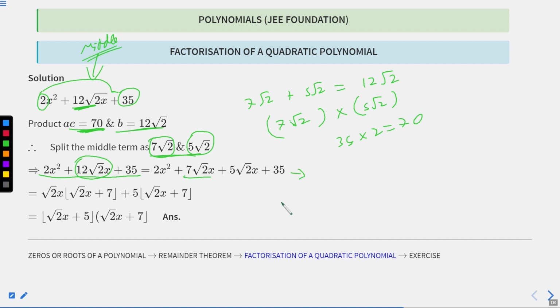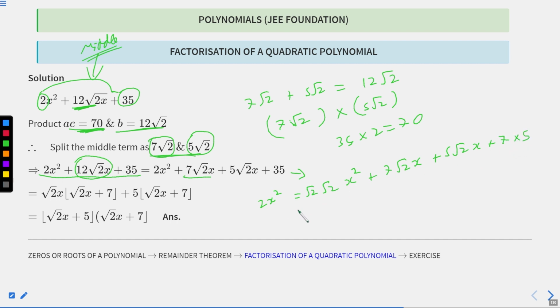I know 2 is root 2 times root 2, so 2x square can be rewritten as root 2 times root 2 x square plus 7 root 2x plus 5 root 2x plus 35, and 35 can be rewritten as 7 times 5.